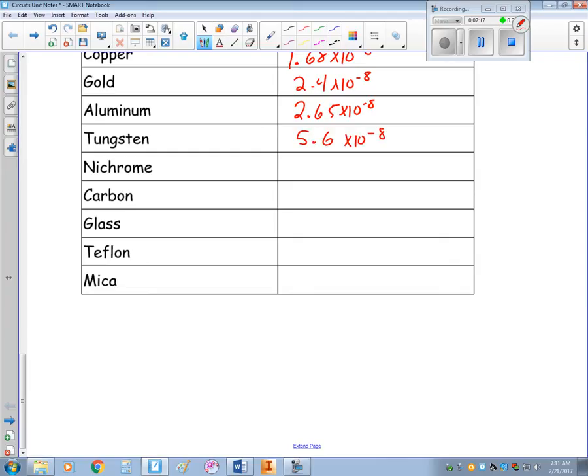So it's really going to convert the electrical energy into heat, and that's really what a resistor does. A resistor converts electrical energy into heat energy, and if the material gets hot enough, it begins to glow at a certain color. Now, I'm going to add one here, iron. Iron is 1 times 10 to the negative 7th.